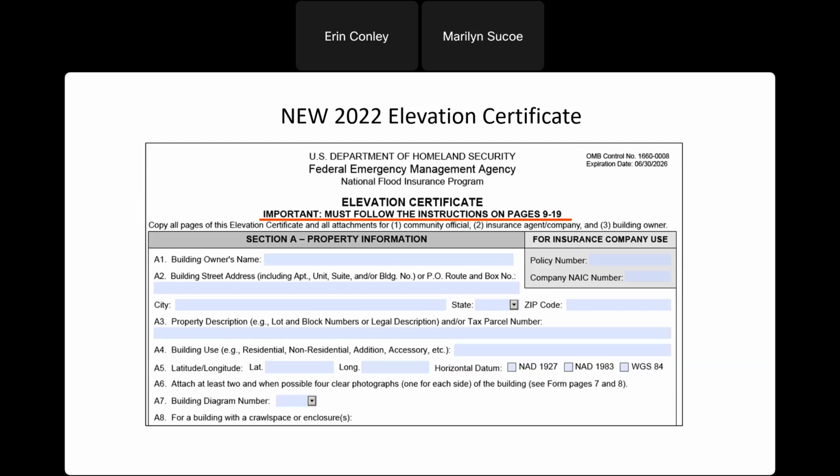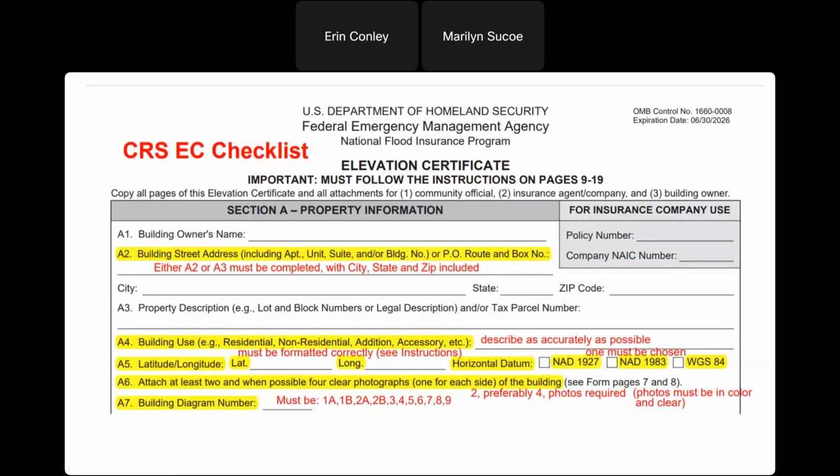I'm going to try to reduce my screen here. No. And then building diagram number is the other important part here, which I'll talk about here in a second. So this is an example of the EC checklist that you can get from the CRS website.